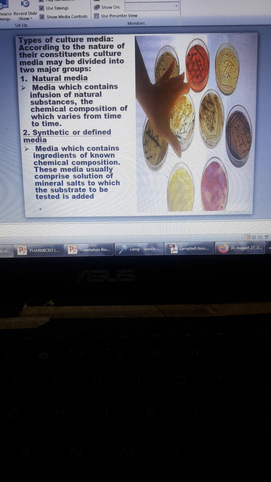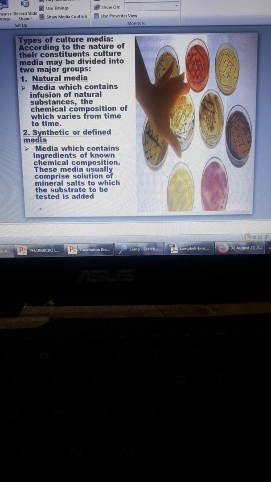And synthetic media, of course, contain a defined chemical composition, comprising solutions of mineral salts to which the substrates to be tested are added. The substrate, usually, of course, is the bacteria. Because the bacteria or microorganisms live in different salt content, so they are not all the same when you culture.